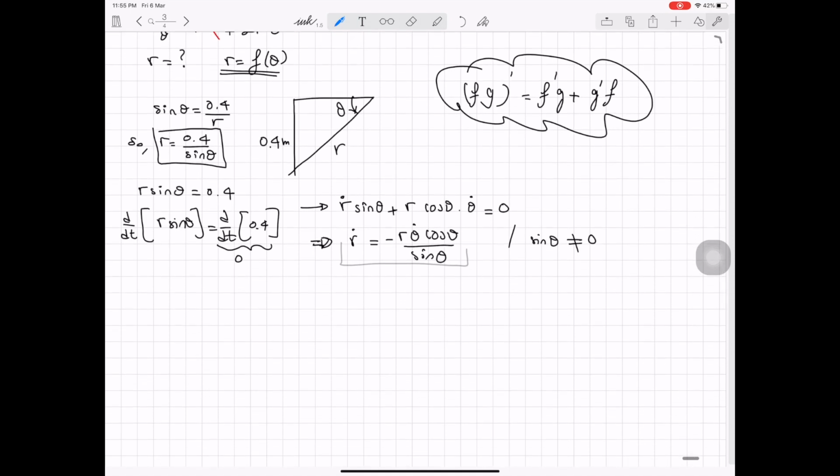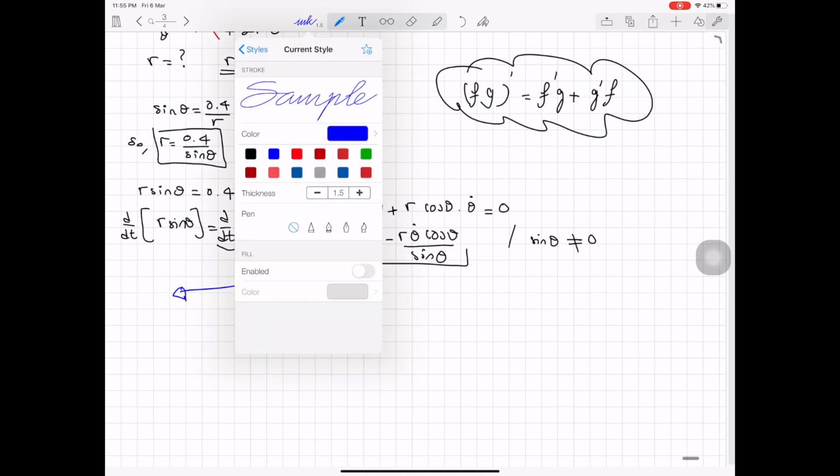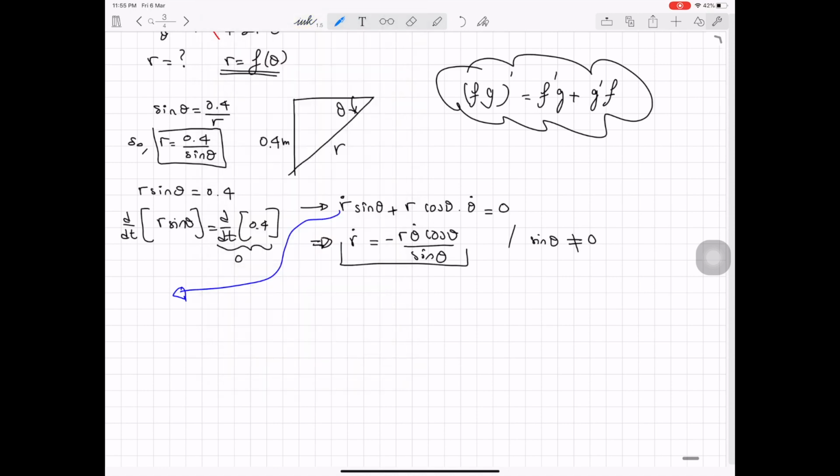Now, I can continue. Starting again from this equation, we can calculate the second derivative. So we have R double dot sine theta plus, you put R dot again here, then you differentiate it with respect to time. So we will have cosine theta times theta dot plus. Now here it is a little bit tricky.